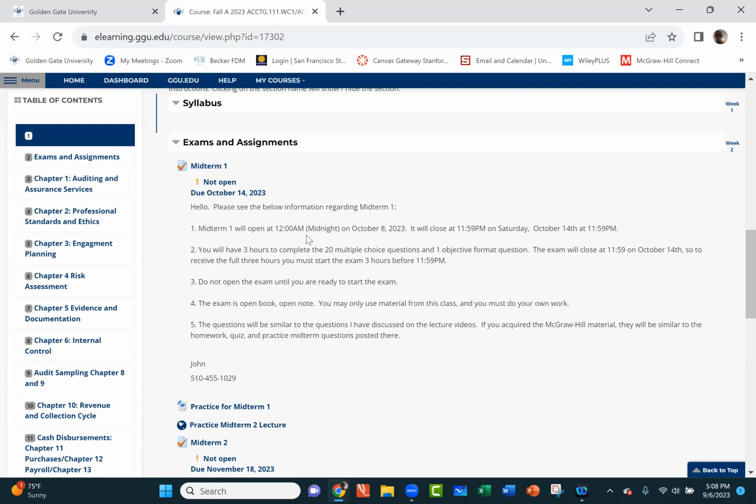The midterms: for example, with midterm 1, I open them on the Sunday of the week that they're scheduled. In this first example, Sunday, October 8th, and it stays open an entire week for 7 days. It closes at 11:59 p.m. at night on October 14th, that's the Saturday. You pick a 3-hour period within that week as to when you want to take the exam.